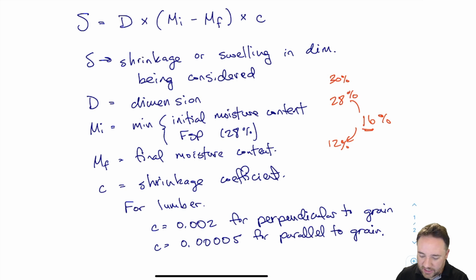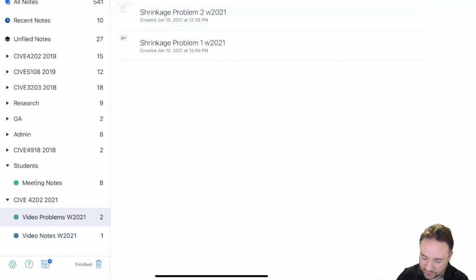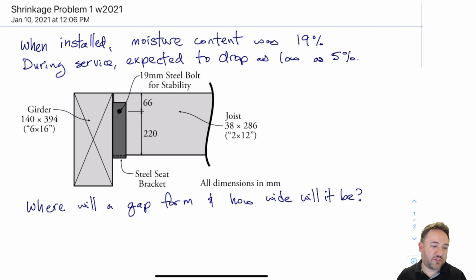So let's look at an example. First, starting with a very simple example, which is basically identical to the qualitative example that I gave in the other video about moisture and shrinkage, where we have this girder and a joist, and the joist is going to shrink up towards the bolt because the bolt is restraining it from moving.